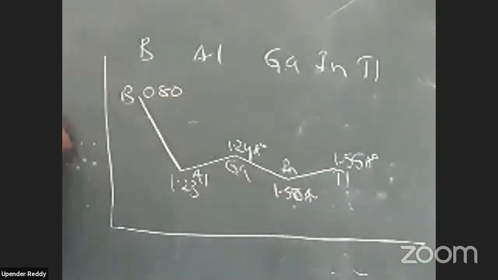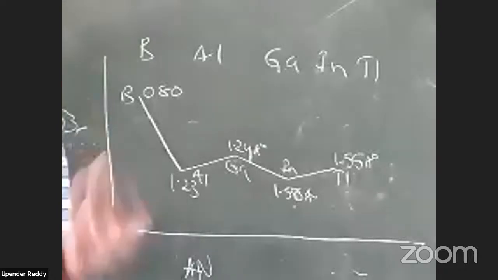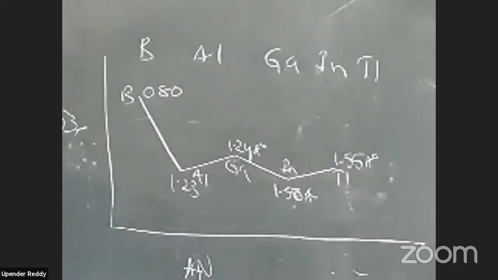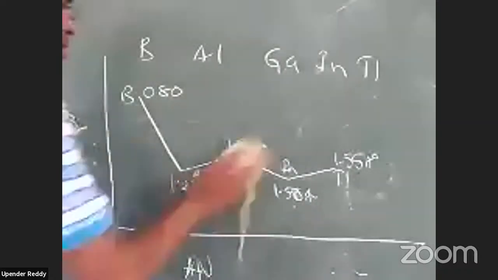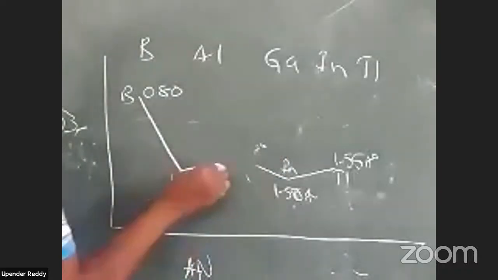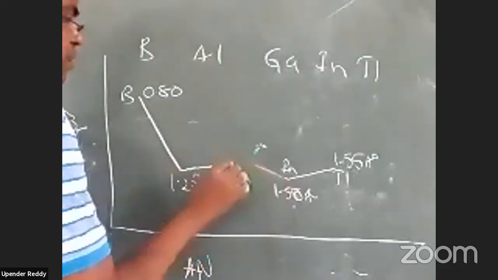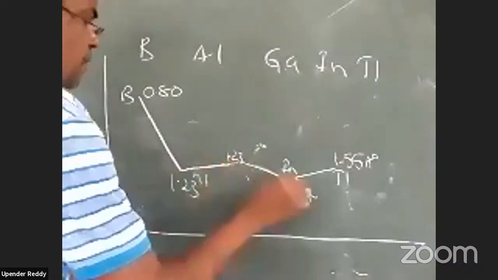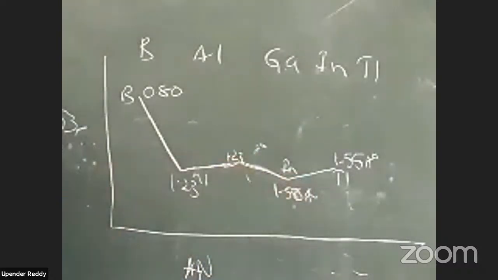So it is size, it is atomic number. See here, what happens? Aluminium and gallium are almost the same size. Sorry, I'm sorry here. Almost the same size, 1.23, somewhat gallium is more.